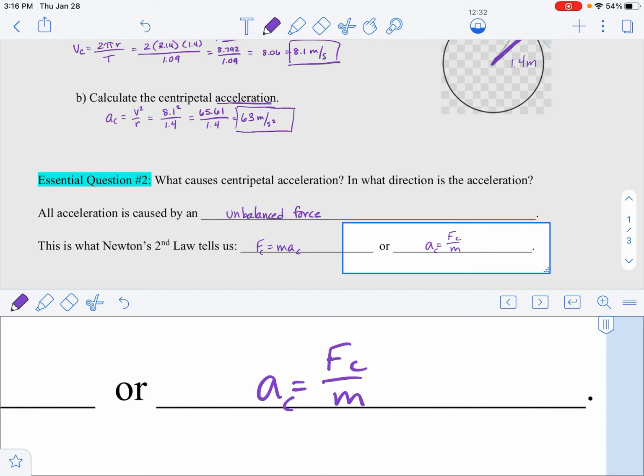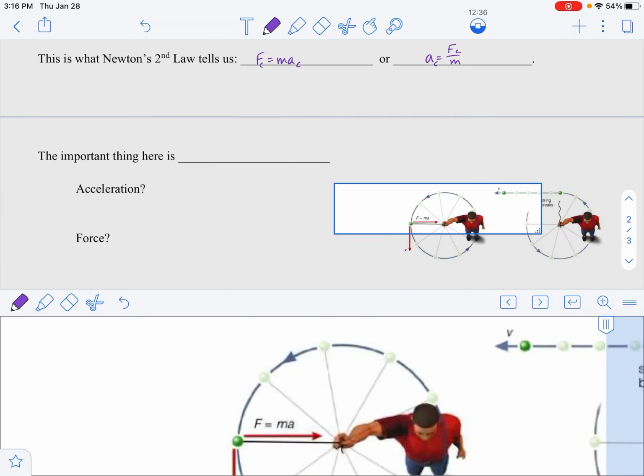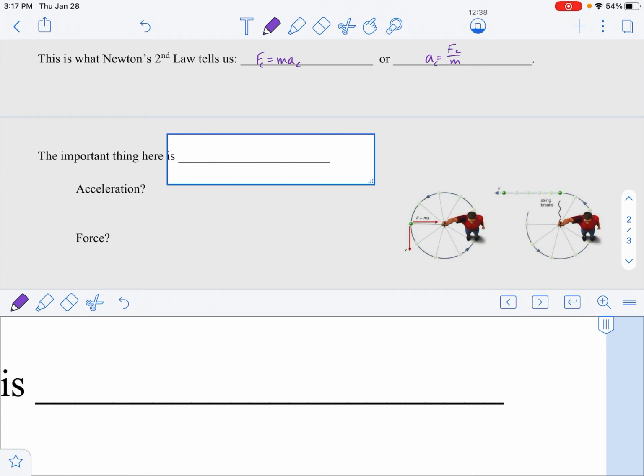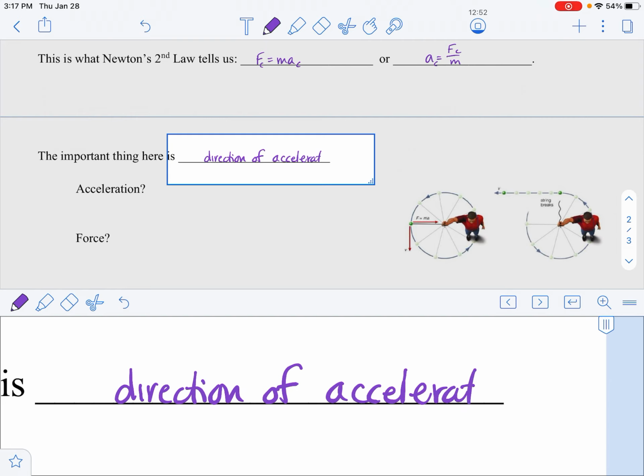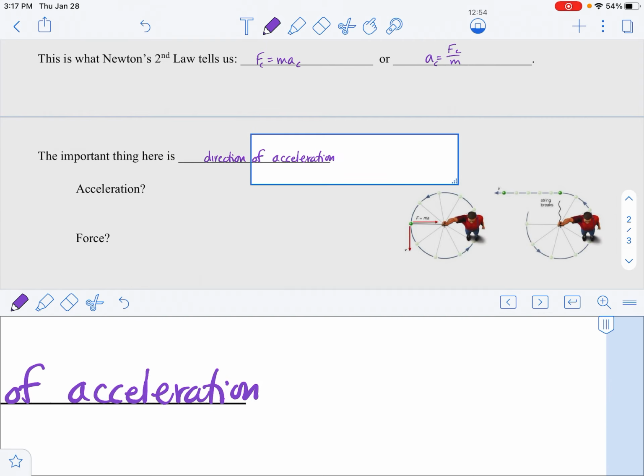All acceleration is caused by some kind of force. So if we look at this a little more closely, the important thing we're going to remember here is the direction of this force, right? It's all about direction. The direction of the acceleration and the direction of the force.